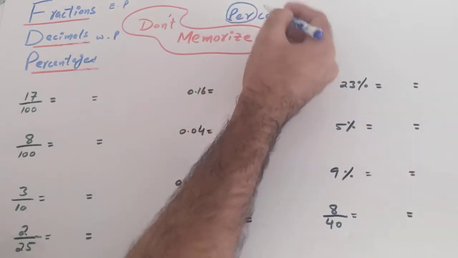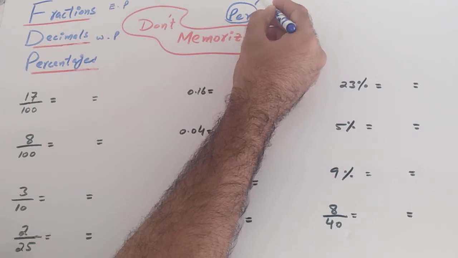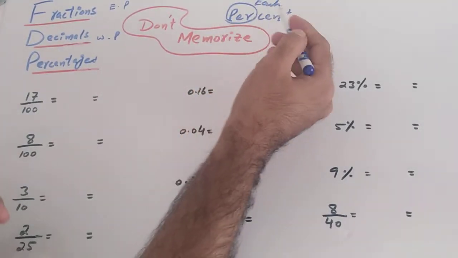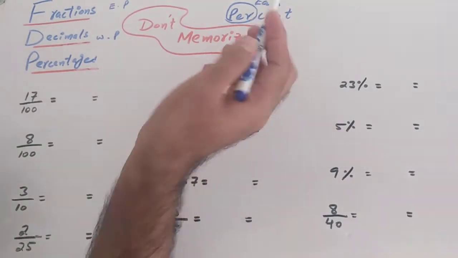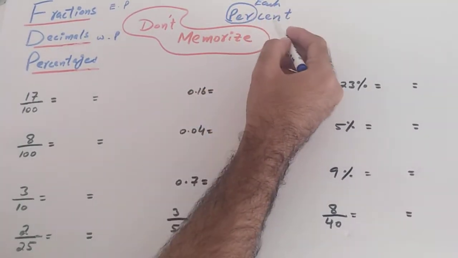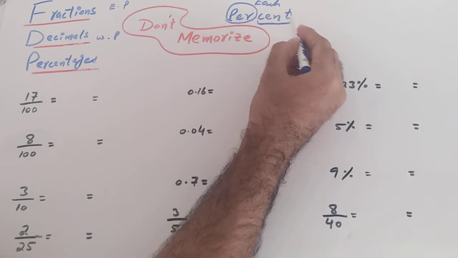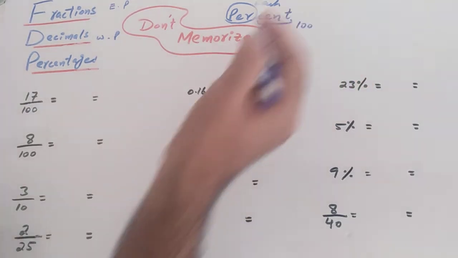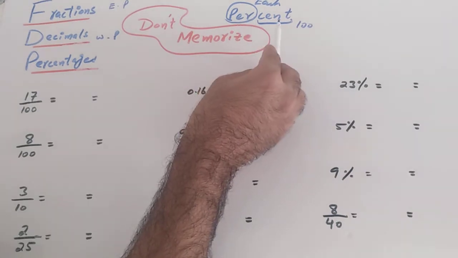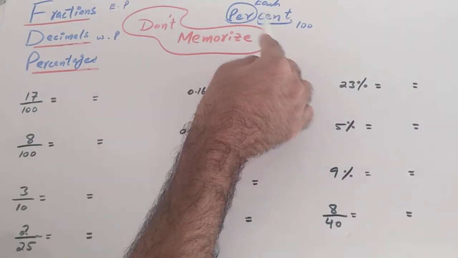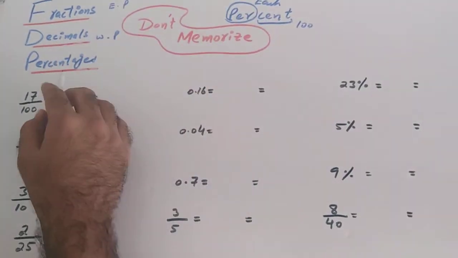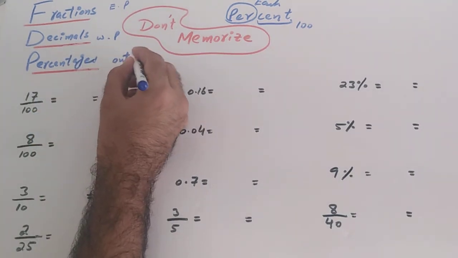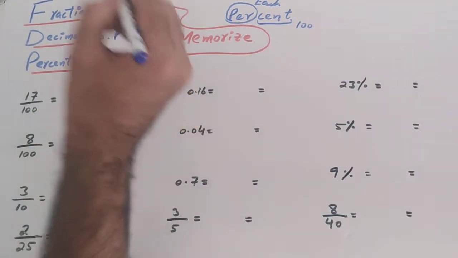So per means for each thing: for every kilogram you have to pay 10 pounds. And what does cent mean? A century means anything out of 100. So the word percent means anything out of 100, or for each 100. So percentage means you have to find something out of 100.